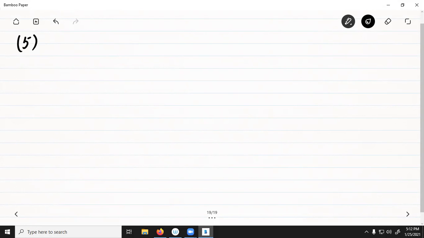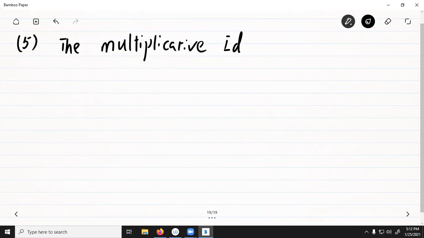Five says the multiplicative identity is unique. So in other words, 1 is unique.